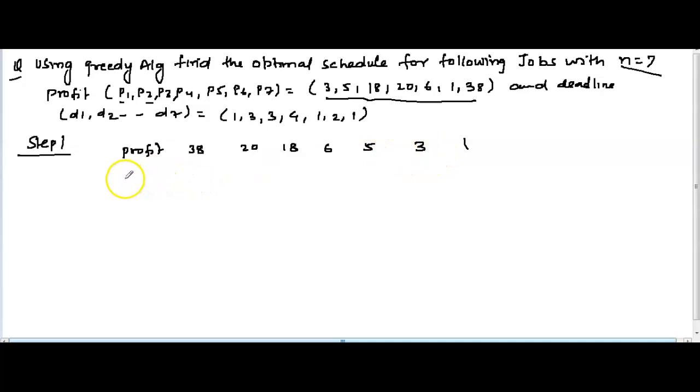Next, you write the jobs. The 38 was which one? P7, P4, P3, P5, this is P2, P1 and P6, right?